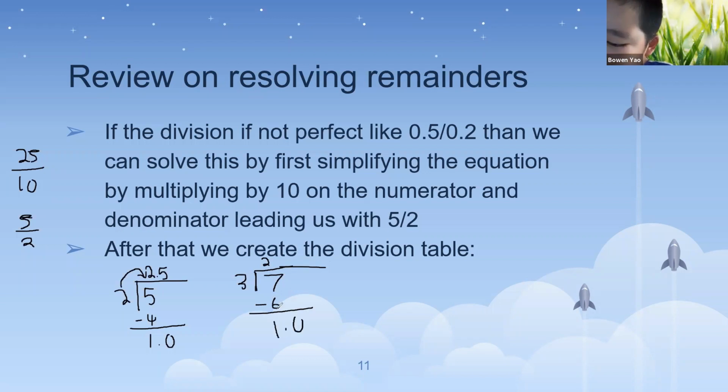By adding those zeros you can add a 0 onto the back of the 1 to make 10, and then add a decimal point, and then just do 10 divided by 3, which goes into it 3 times to get 9, and then you get 1, and you add another 0 and get 10 and 3, and then do that. Doing that, you get 2.3 like that.